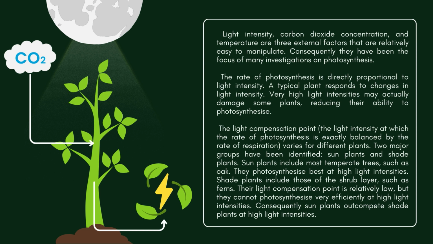Shade plants include those of the shrub layer, such as ferns. Their light compensation point is relatively low, but they cannot photosynthesize very efficiently at high light intensities. Consequently, sun plants outcompete shade plants at high light intensities.